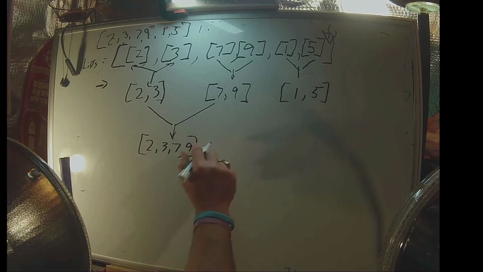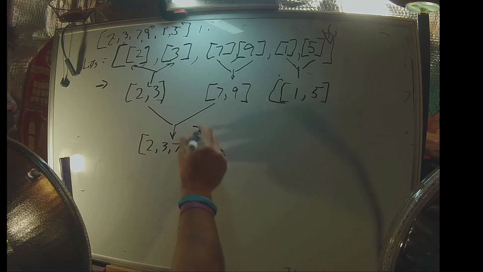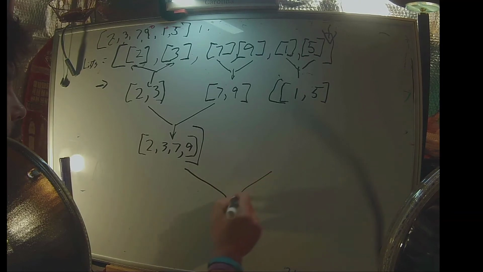We still have this list of length 2. So now we select this one with this one, and that will sort it until we get 1, 5, and so on, because that's what the merge operation does. It takes two sorted lists and makes one sorted list with all the elements in it.